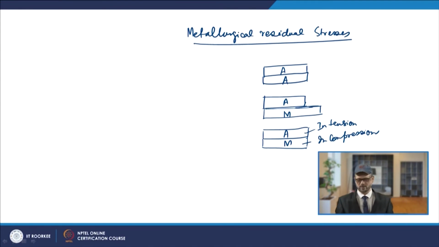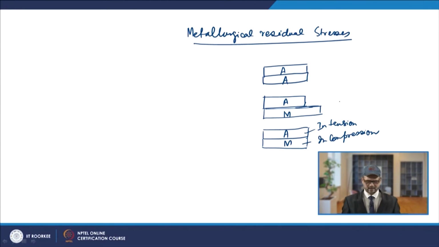So there will be stresses developed, high compressive stresses, and the surrounding constituents have lesser volume. You will have the development of these stresses, and that is why the stresses generated in these cases come under the category of metallurgical stresses.